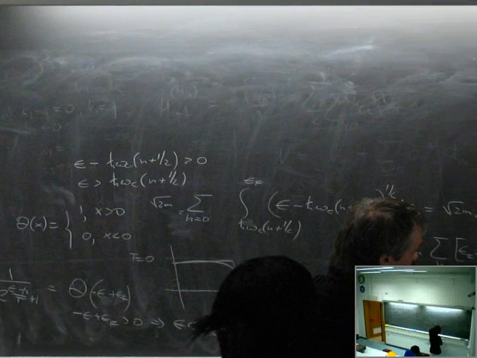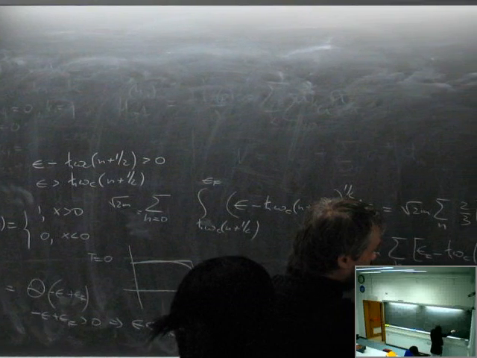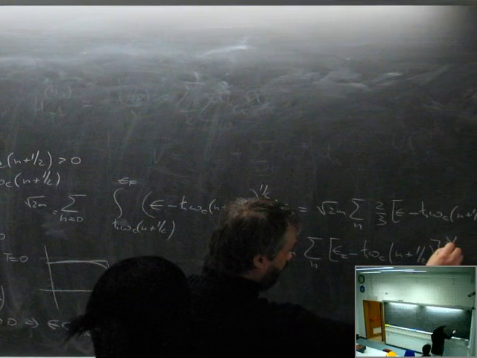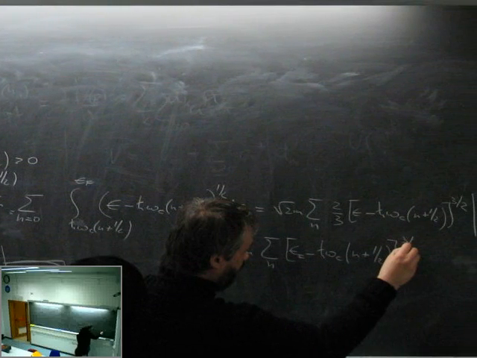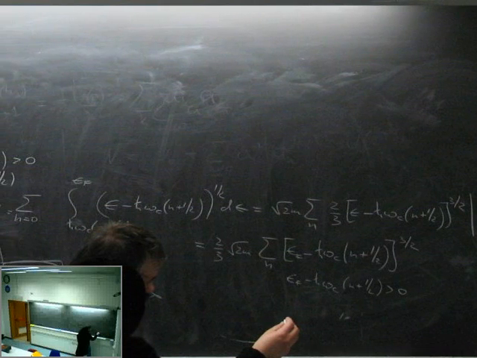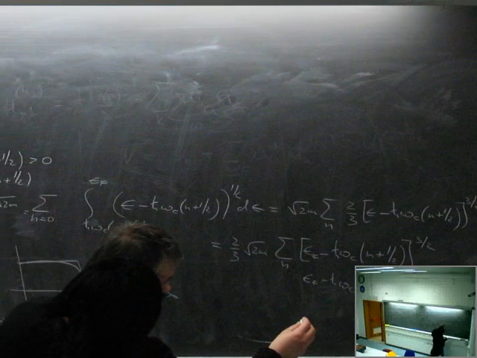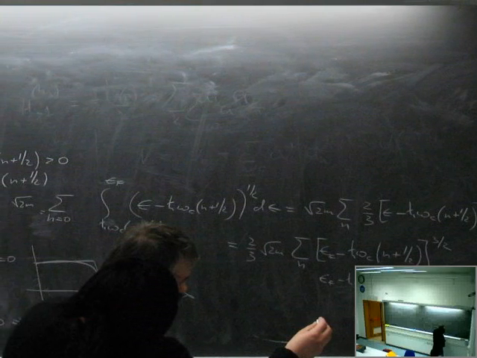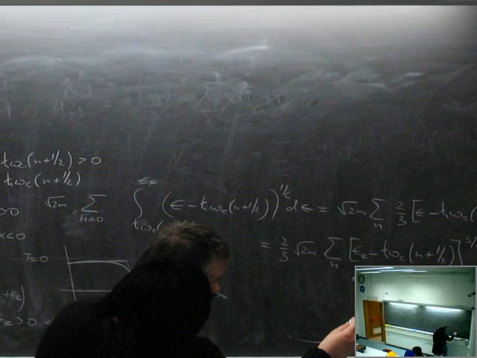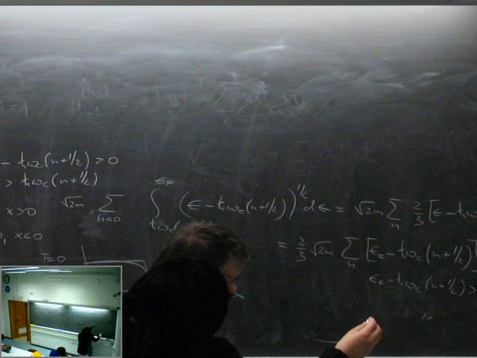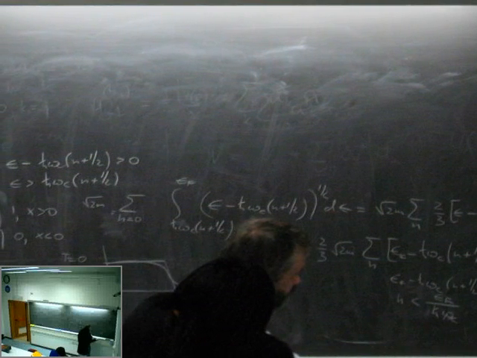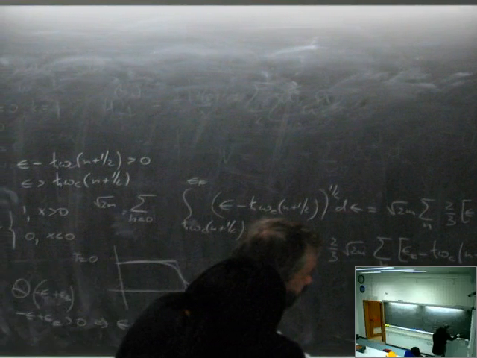But summation over n is also limited because this argument has to be positive. So now EF minus h omega c (n plus 1/2) is positive. Therefore, n is smaller than Fermi energy over h omega c minus 1/2.